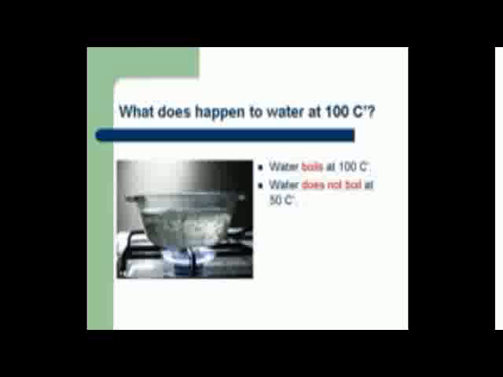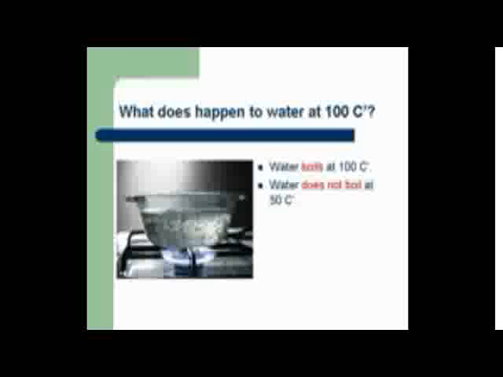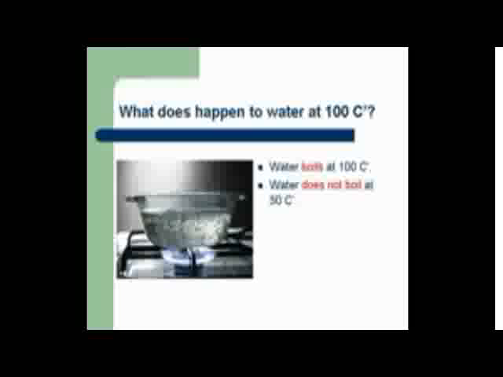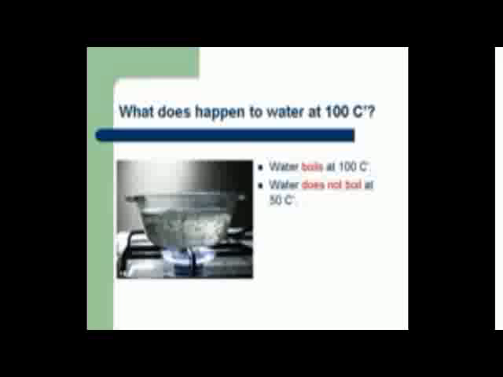And again there is a question: what happens to water at 100 degrees centigrade? Water boils at 100 centigrade. Again, when we remove the question and give the answer to this question, then we will use s with the singular subject, with the singular noun.